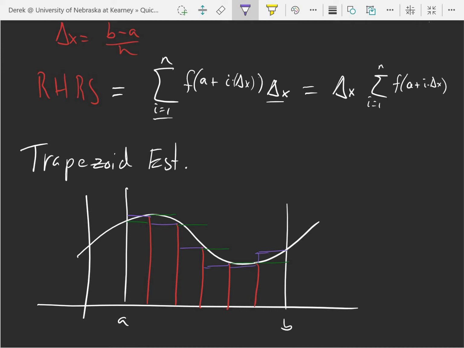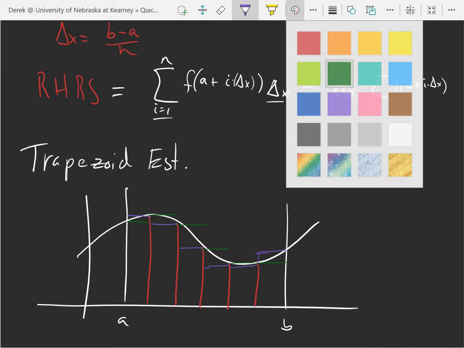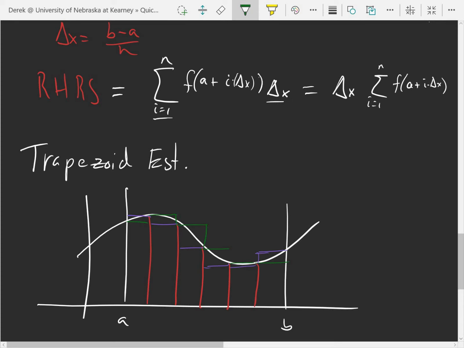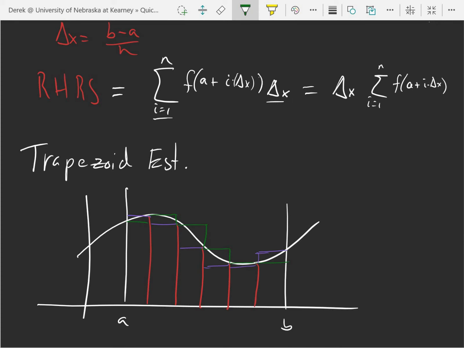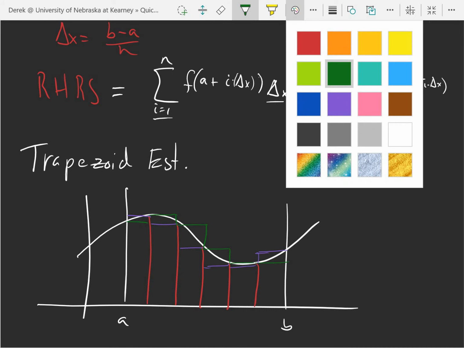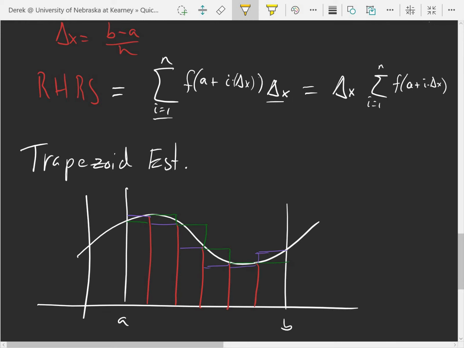Let's fill in those there. Okay, so these give me two rectangular estimates, and let's go orange.